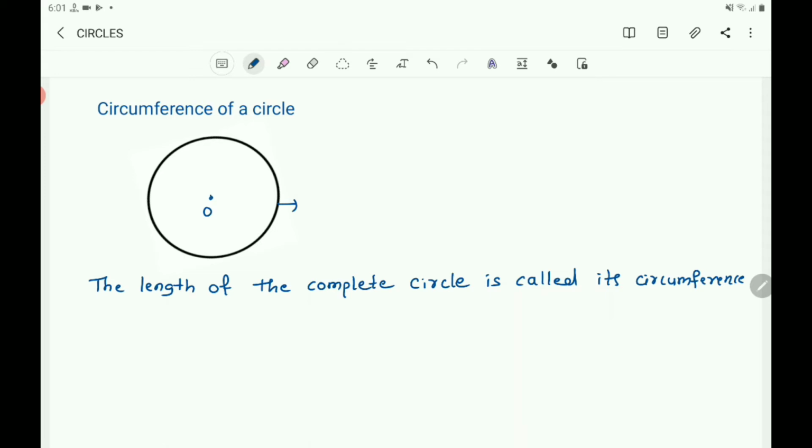The length of the complete circle is called its circumference, and it is also called the perimeter of a circle. Circumference of a circle is also called perimeter of a circle.